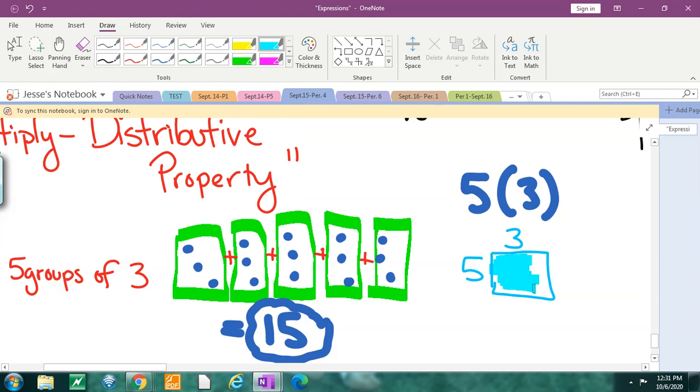The length is 5, times the width, which is 3, and that's 15. So in multiplication, that's what you're doing. You're distributing the 5 groups of 3, 5 times 3. And that's what happens in multiplication.